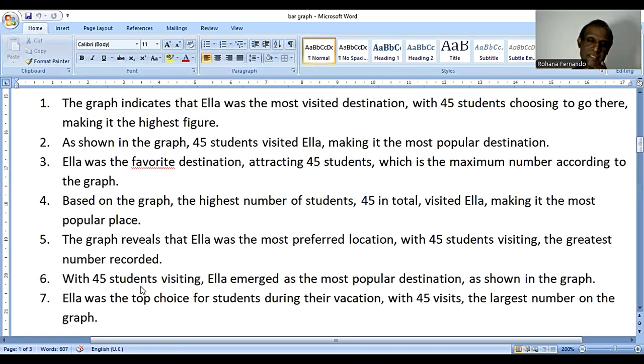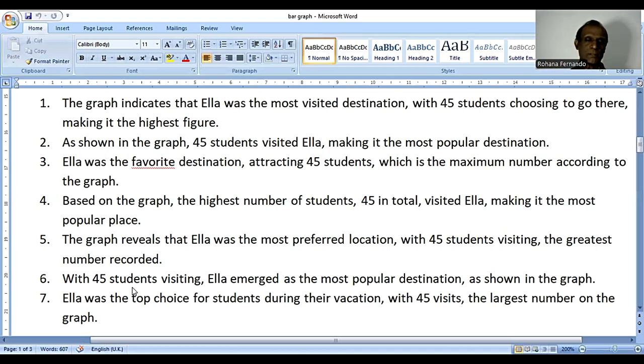I recommend this pattern as one of the best ways of writing that. Seven, Allah was the top choice for students during their vacation, with 45 visits, the largest number on the graph.